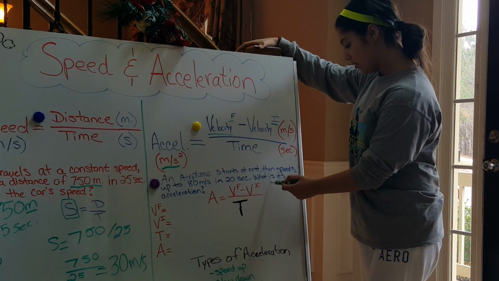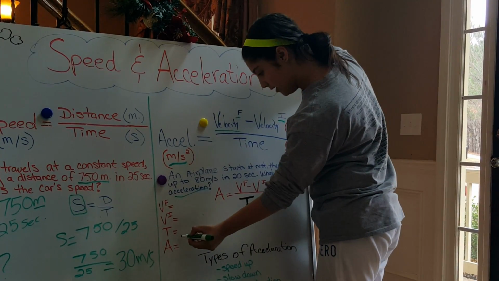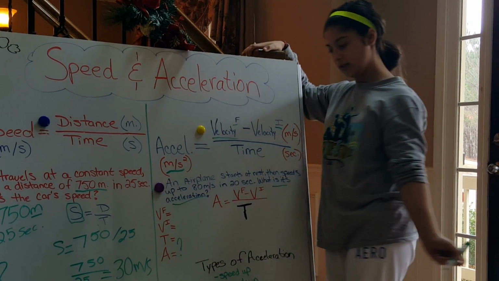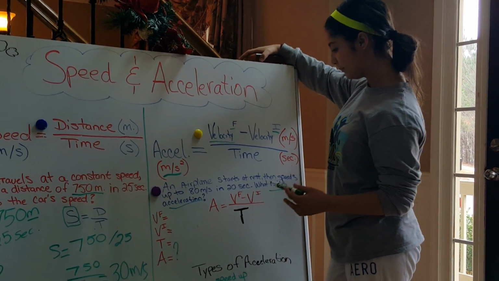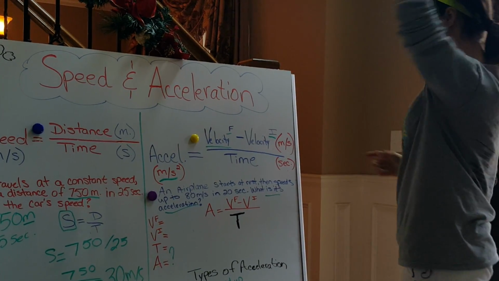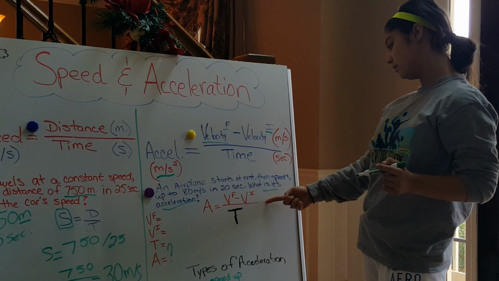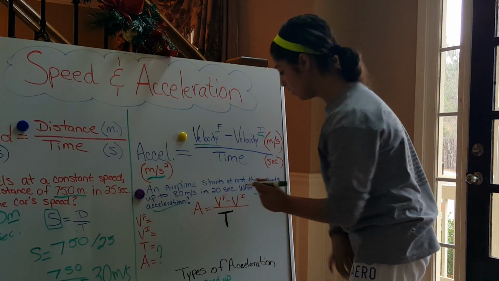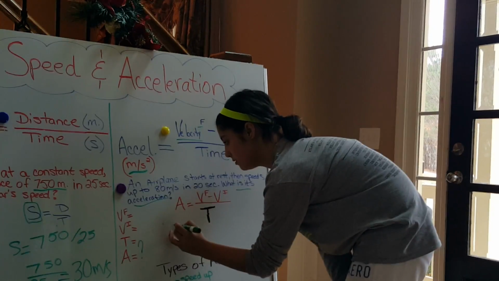So, it says we need our acceleration. So, we are going to put a question mark right there, because we do not know what acceleration is. Okay, so, your initial, even though it is not in your problem, it says, because it starts at rest, which is 0.